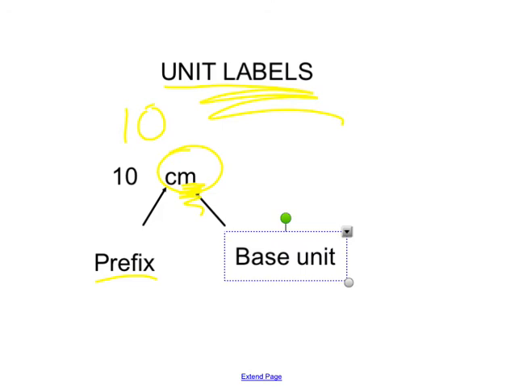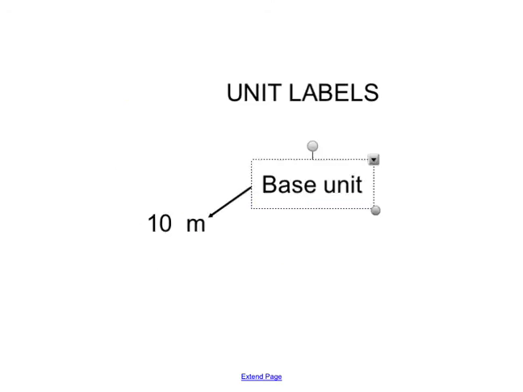What are we talking about? So, now, if by chance you just have a number that has only one unit, only one letter, that means it's going to be the base unit. Okay? A lot of times, one of the mistakes that will happen is that a student will say, oh, this means milli.